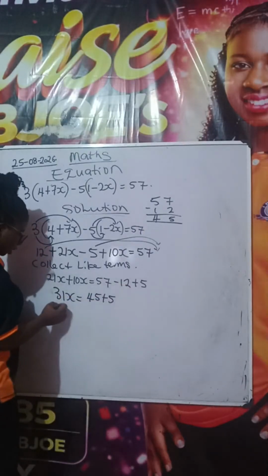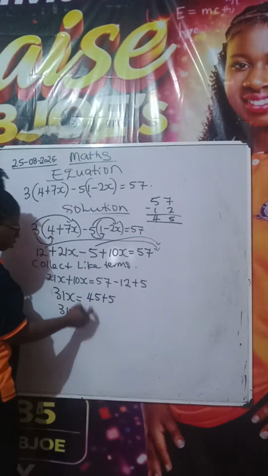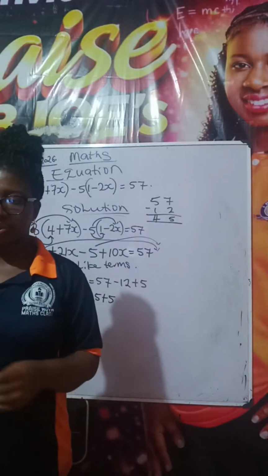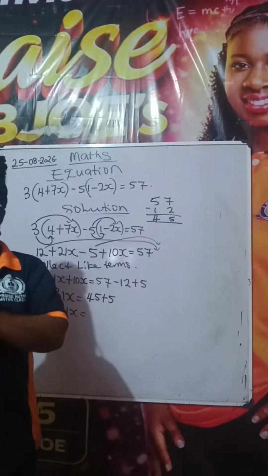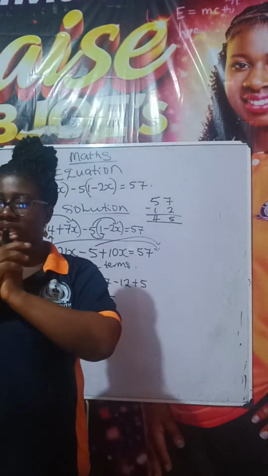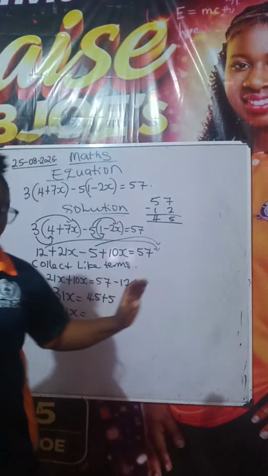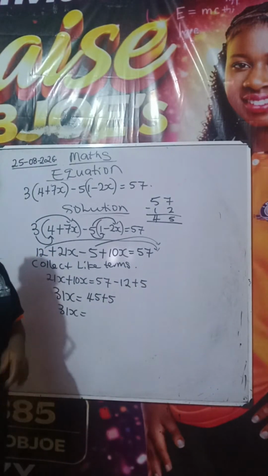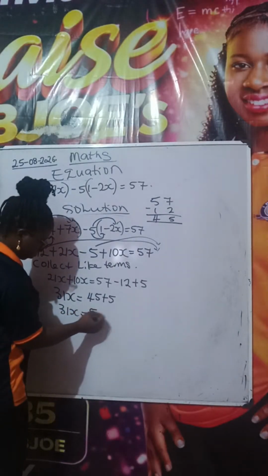Add 5 to it. We have 31x equals to, what do we have? 45 plus 5. Then when you add 45 plus 5, that will give us 50.